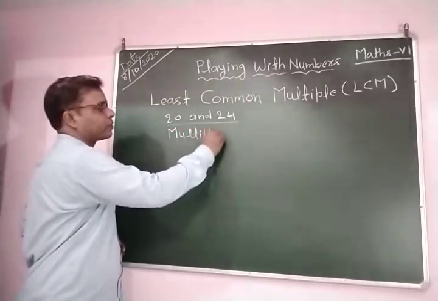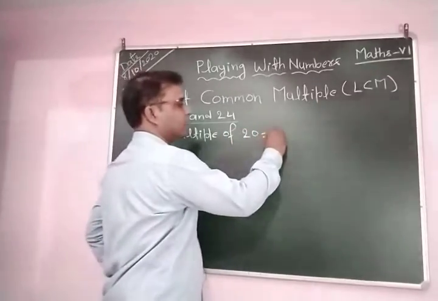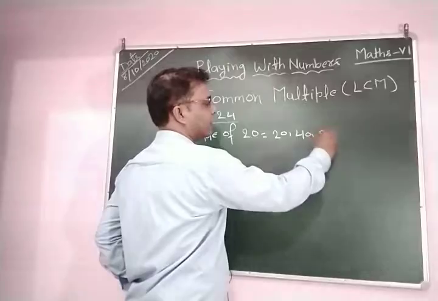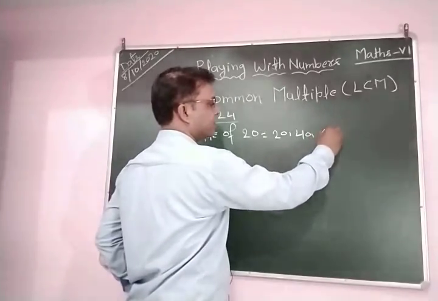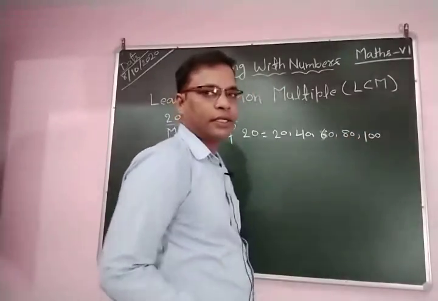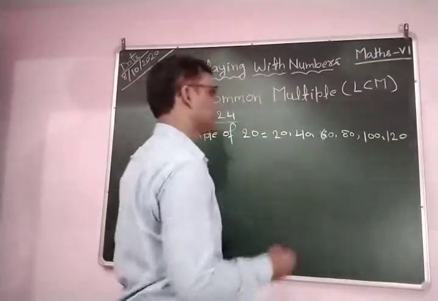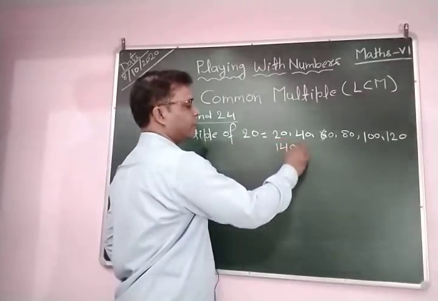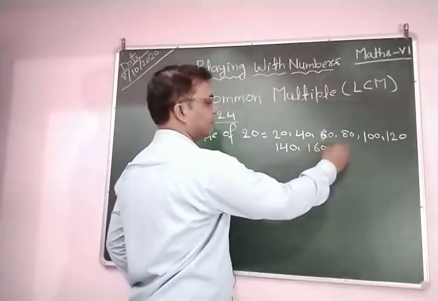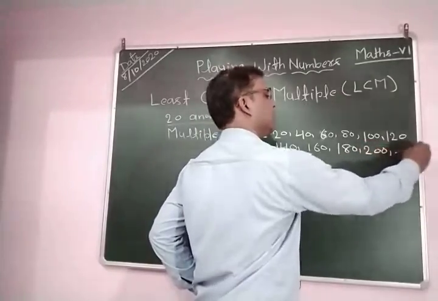Multiples of 20 are 20, 40, 60, 80, 100, 120, 140, 160, 180, 200, and so on.